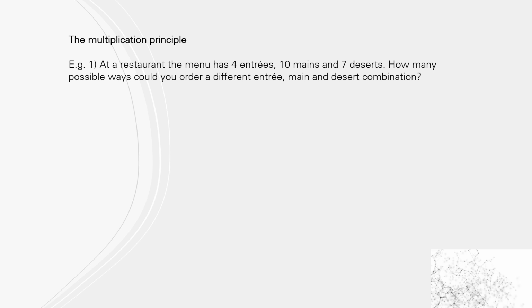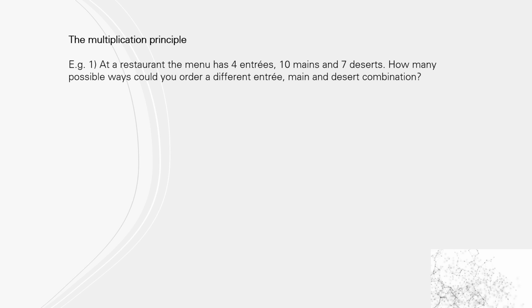Here's an example with 3 stages: entrees, mains, and desserts. There are 4 entrees to choose from, 10 mains and 7 desserts. In theory, you're looking at in how many different ways you could go back and have a different combination of meals every single time.